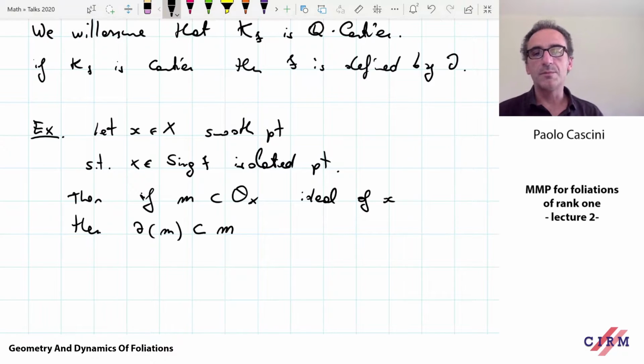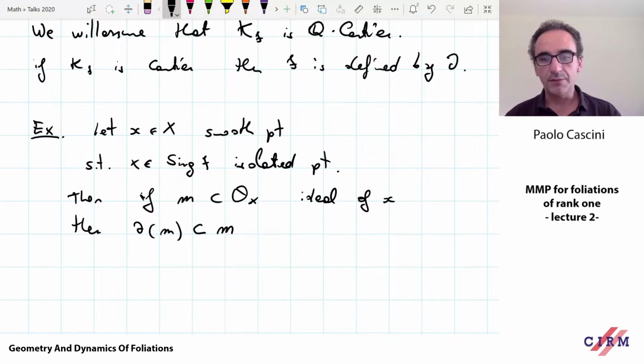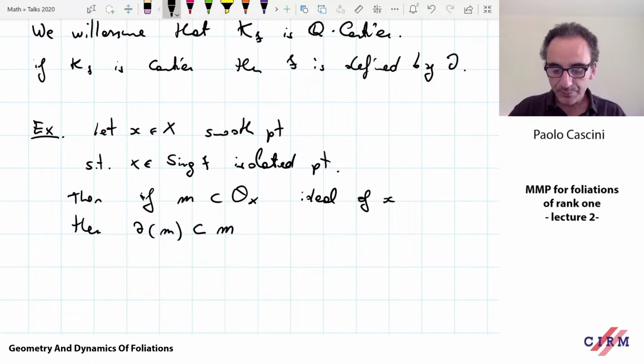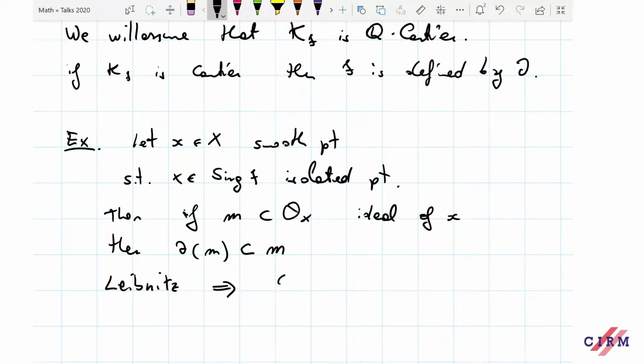Because every function will be 0 at the point x once we calculate the derivative. And by the Leibniz rule, we can take powers of M, and it follows easily. It's just an easy calculation that for any power k of M, δ(M^k) is contained inside M^k. In other words, M^k is also invariant.